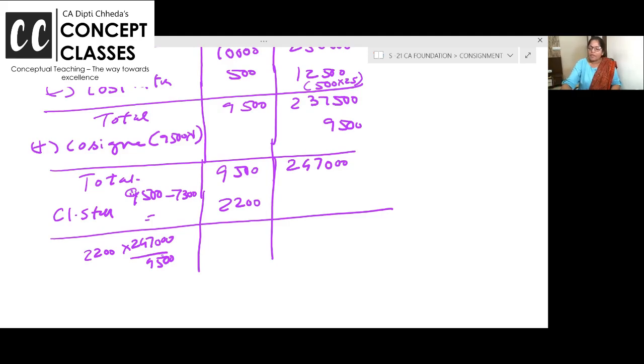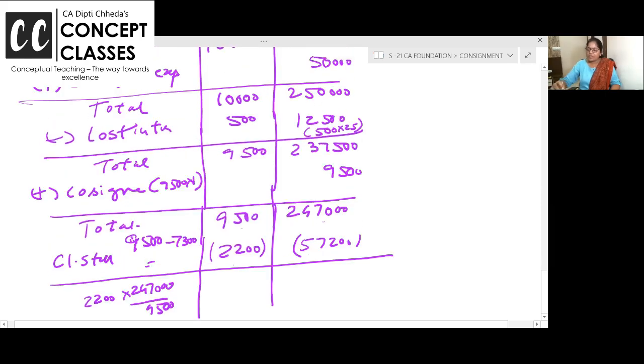You know when you do per unit, there is a decimals problem, so for now write it fully. Closing stock. Remaining goods are sold and all, but no need to minus. 9,500 are at 247. 2,200 how much? 57. Did you like it?